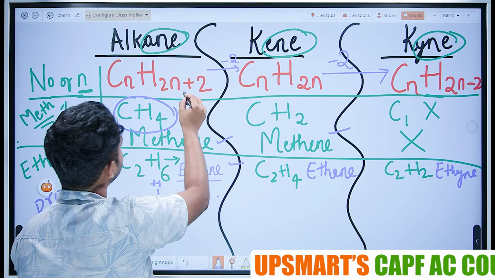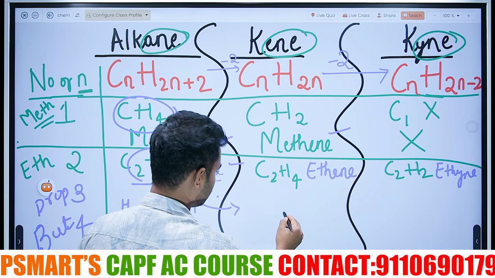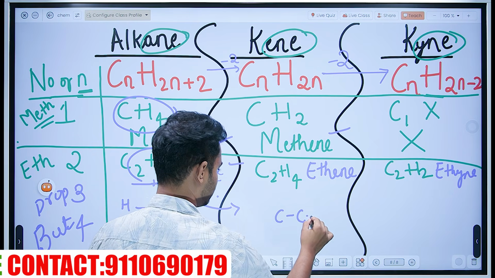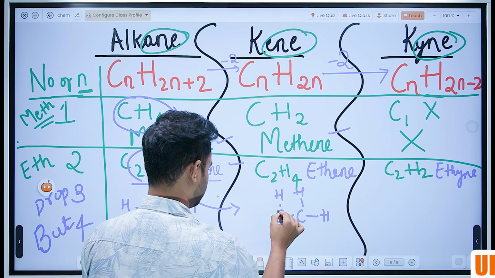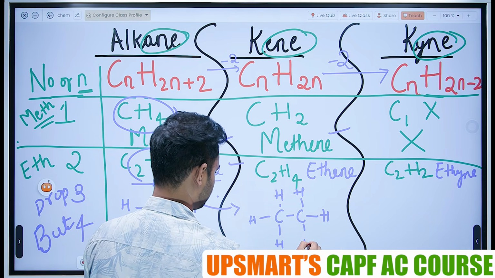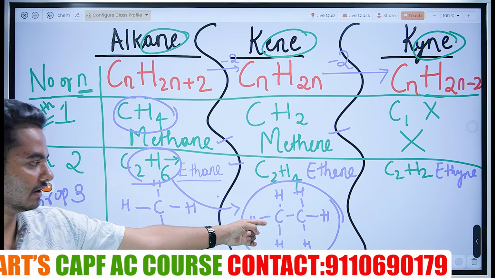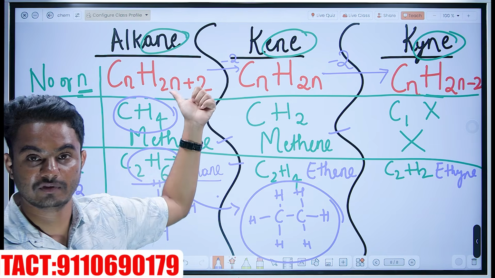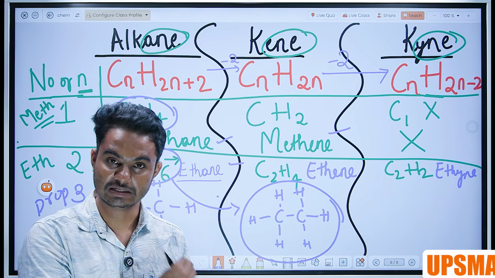If it is C2H6, C will first form a bond with itself. Next is 1, 2, 3, 4, 5, 6. C2H6, all are single bonds, right? That is why alkanes form single bonds. These are saturated in nature. Understood this concept? Easy.